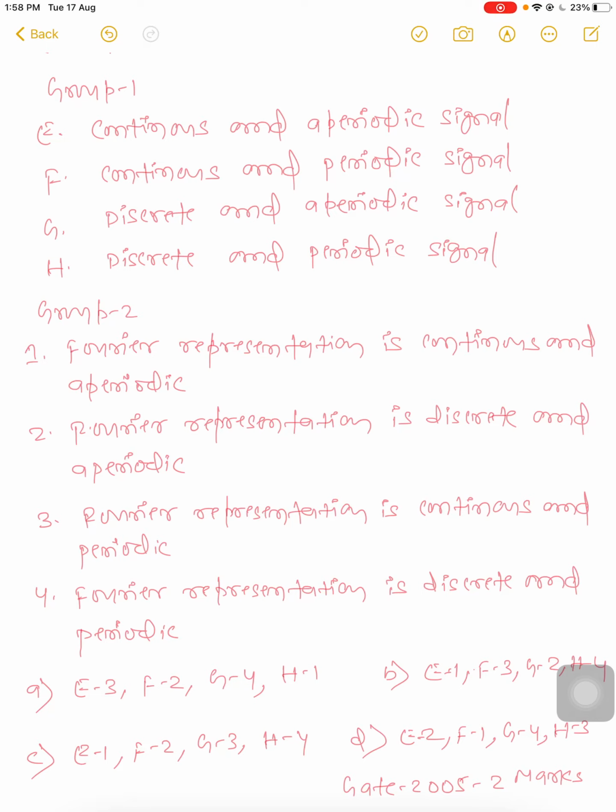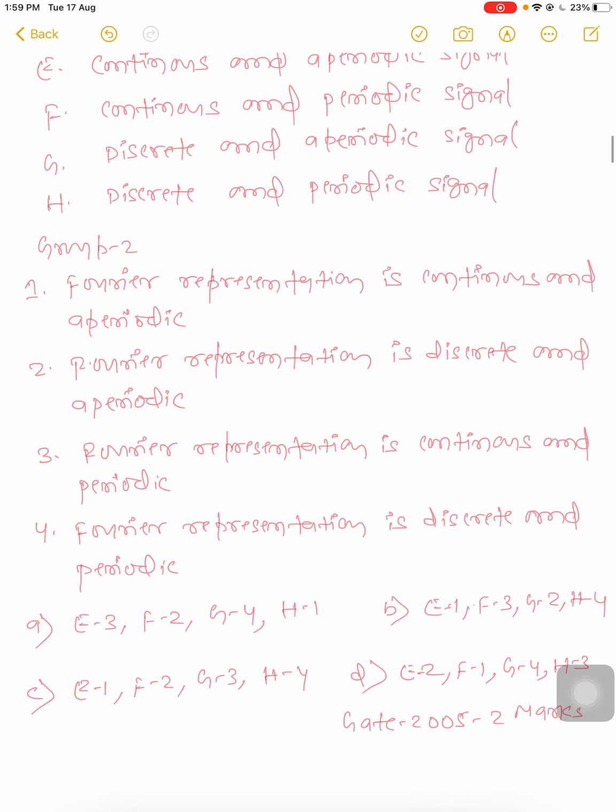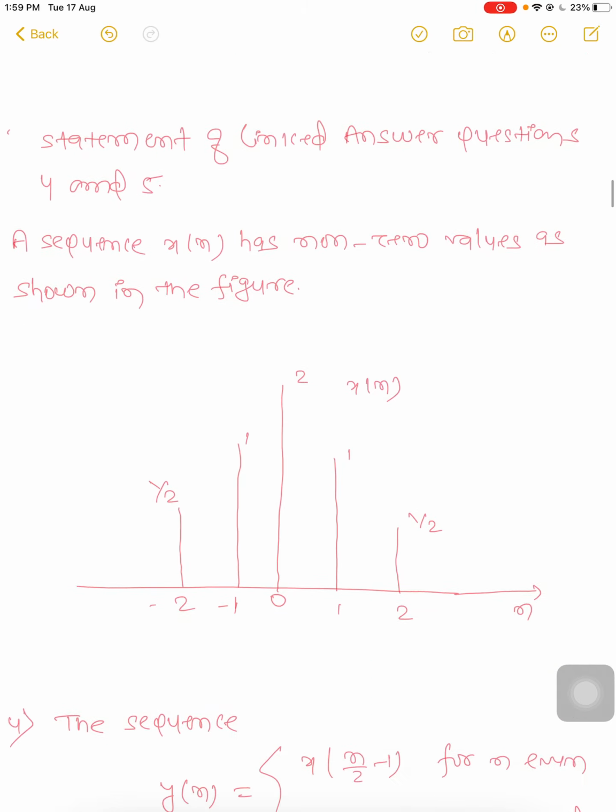And the Fourier representation of a discrete and periodic signal will be discrete and periodic. So option C will be the right answer, and you can check it from the formula.